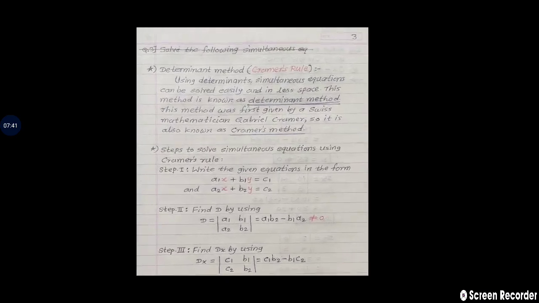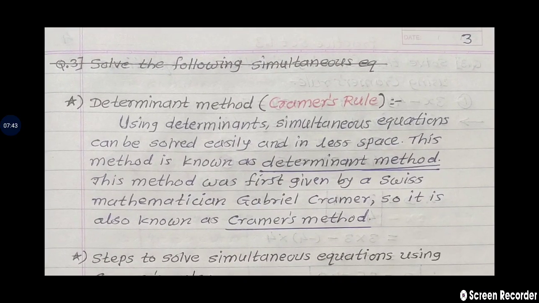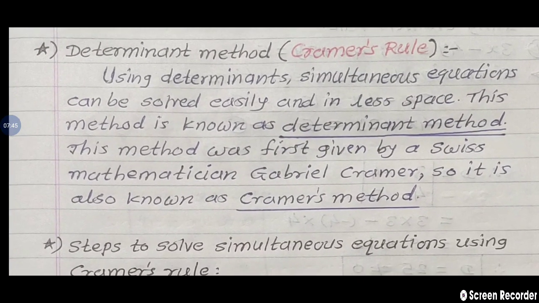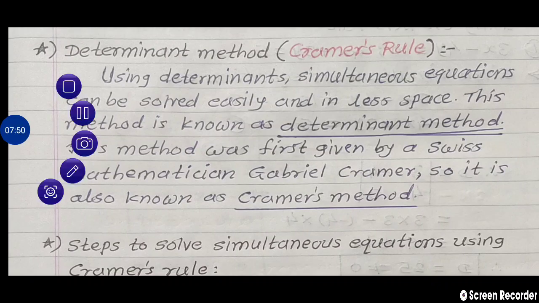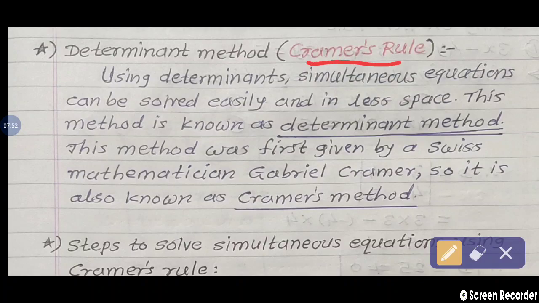Next important point is the determinant method, also called Cramer's rule. See some basic explanation. Using determinants, simultaneous equations can be solved easily and in less space.